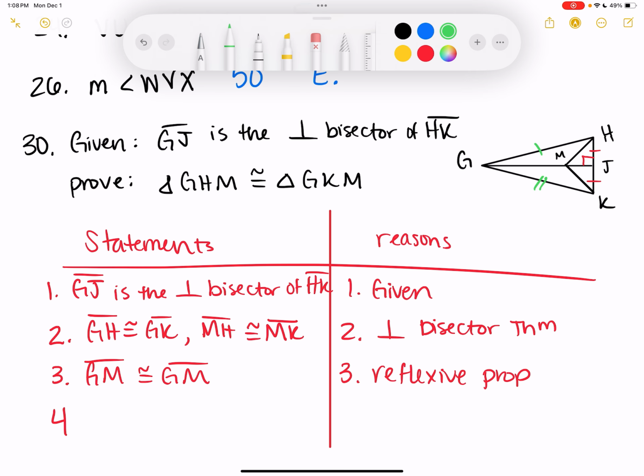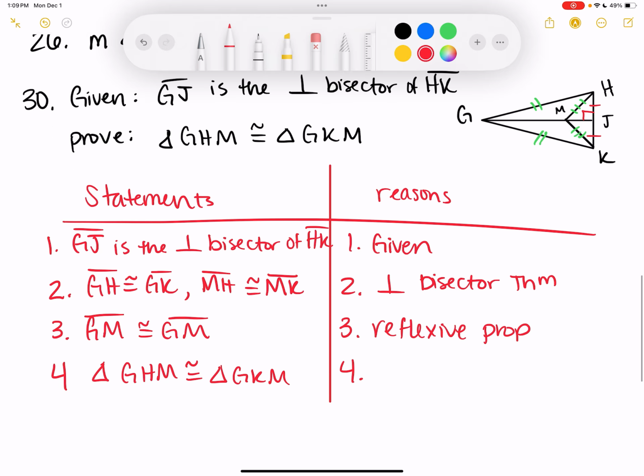Let me do one here. I've said that MH is congruent to MK. And then I just showed that obviously this reflexive side is congruent to itself. So triangle GHM is congruent to triangle GKM by side, side, side.